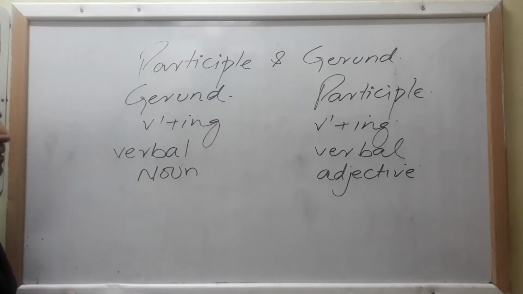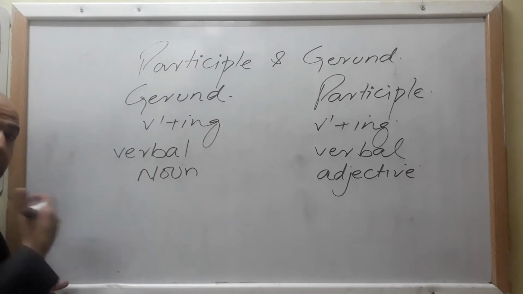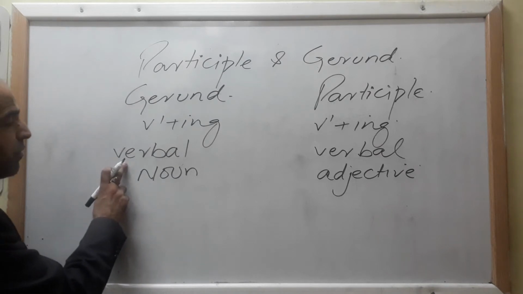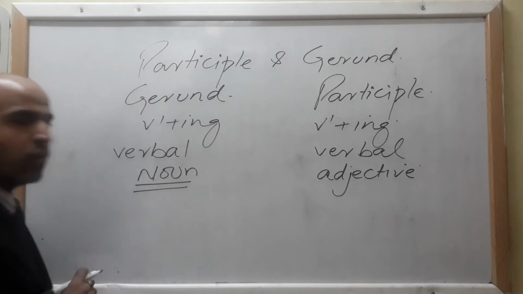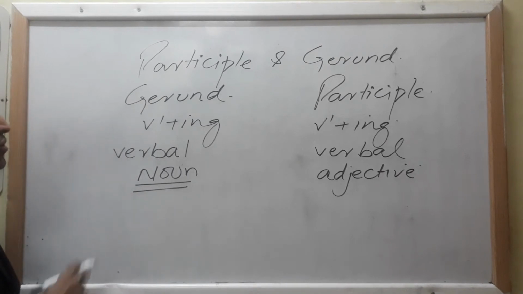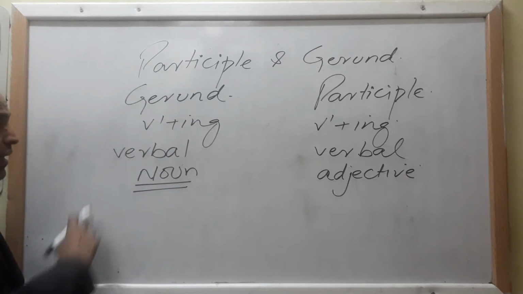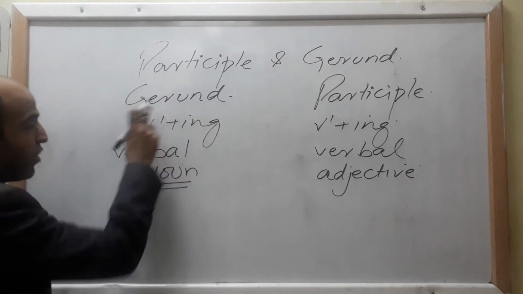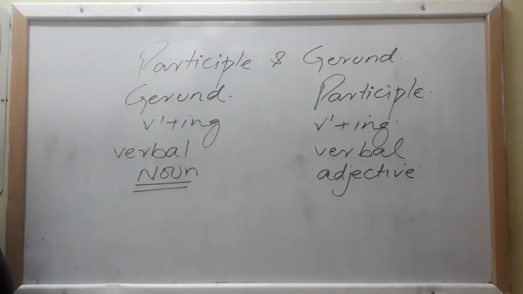Most students understand that this is a verb. No. If it is functioning as a noun, then it is a gerund. It looks like a verb, but it does the function of a noun in a sentence. I'm going to tell you again: gerund, V1 plus ing, is also called a verbal noun. It looks like a verb, but it functions as a noun in a sentence.